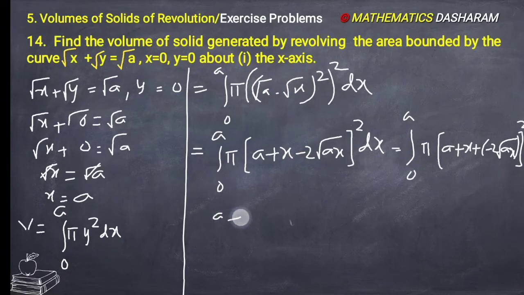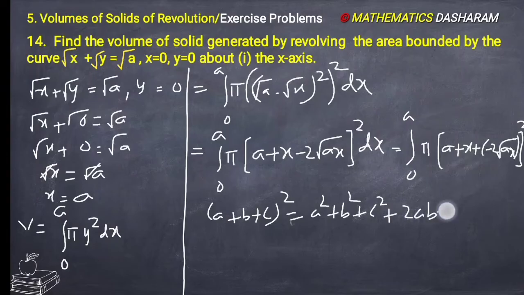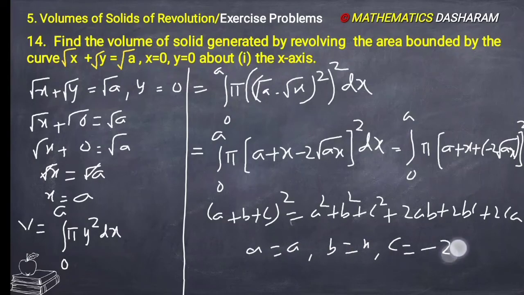The a plus b plus c whole square formula is a square plus b square plus c square plus 2ab plus 2bc plus 2ca. Here a value is a itself, b value is x, c value is minus 2 into under root a into x.